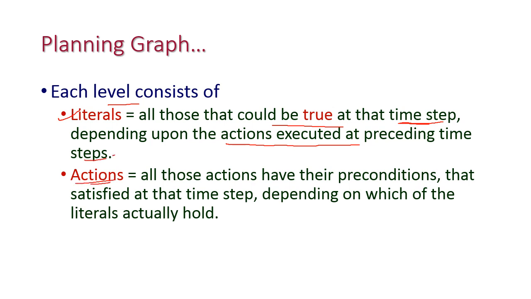Next is the action. It has a set of actions, and all these actions have preconditions that must be satisfied at the time step, depending on which of the literals actually hold. The literals are the name of the action and the parameter list, and they could be true before executing an action.